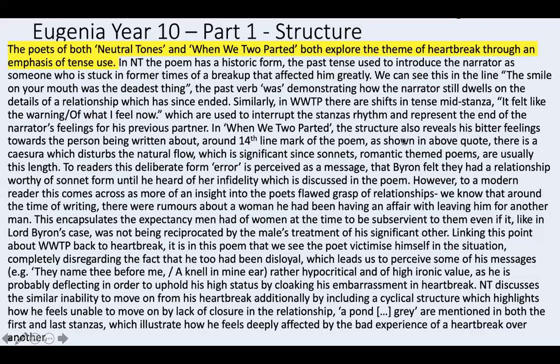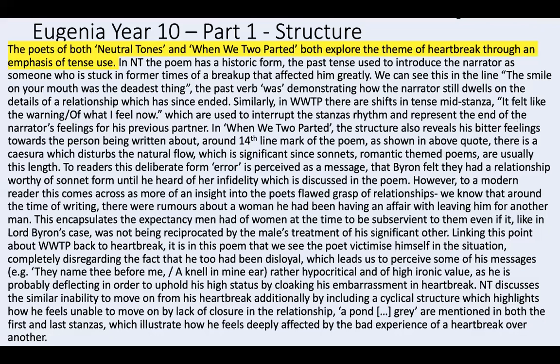I'm not going to read through everything that Eugenia has done, but I'm going to show you the different kind of methods she's used to structure her ideas. So in her first paragraph, she looked at both poets. So she says, the poets of both Neutral Tones and When We Two Parted both explore the theme of heartbreak through an emphasis on tense used. So she goes into deep discussion actually in this paragraph about everything structural.